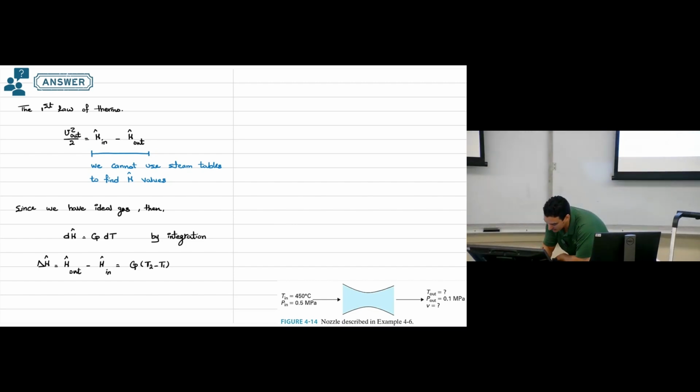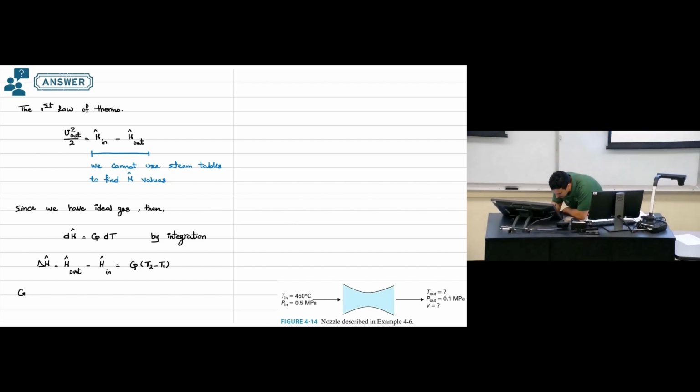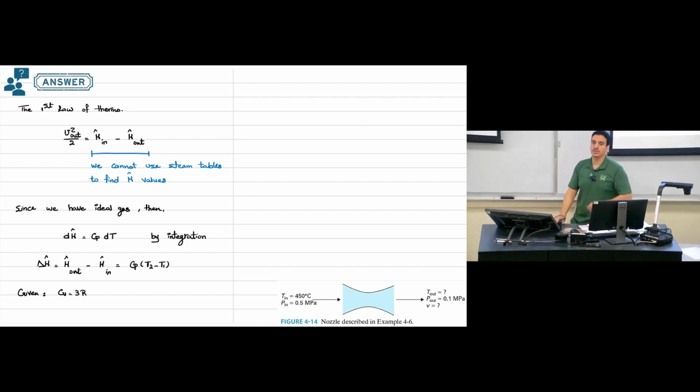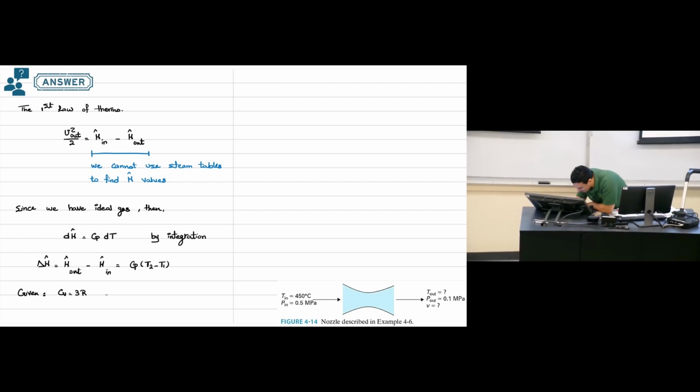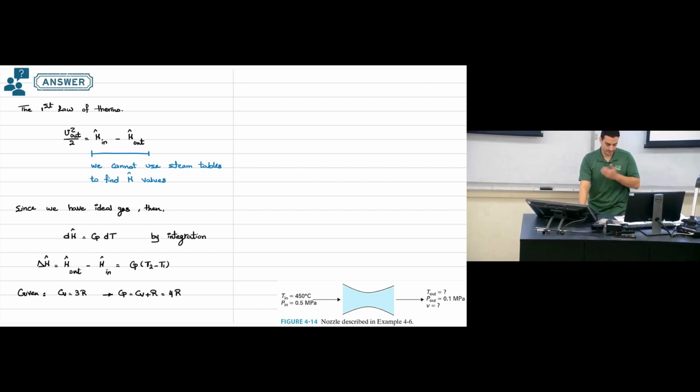So what is given? We have CV, which is 3R. But in this equation, we need Cp. Does anyone remember the relationship between Cp and CV for an ideal gas? For an ideal gas, Cp is CV plus R. So Cp will be 4R.